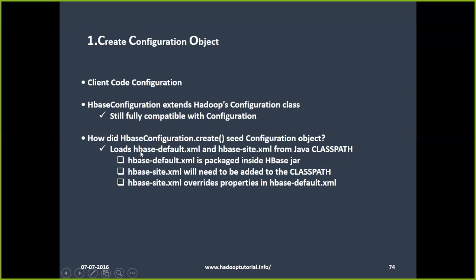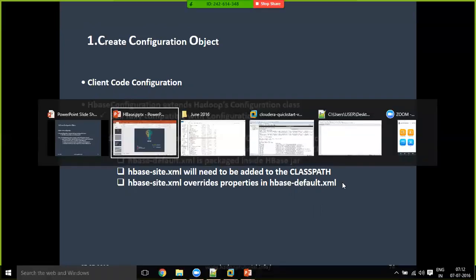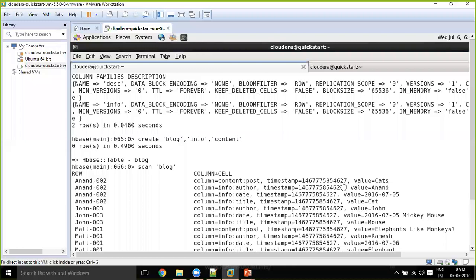By default, the HBase default.xml file is packaged inside the basic HBase jar, and HBase site.xml will need to be added to the class path. Any properties given in HBase site.xml override the properties in HBase default.xml, same like your Hive site, MapRed site, Yarn site, those things.